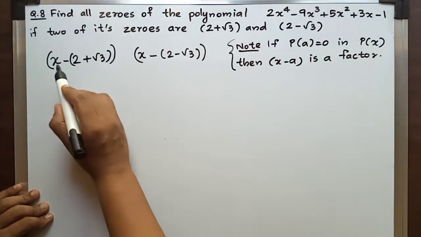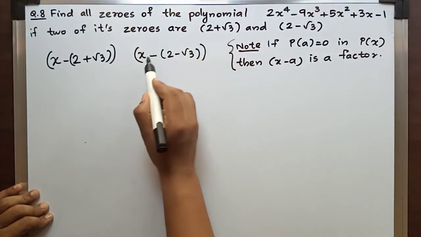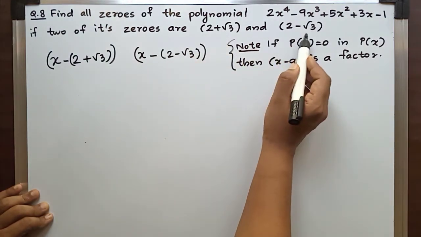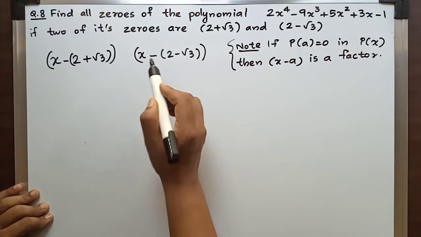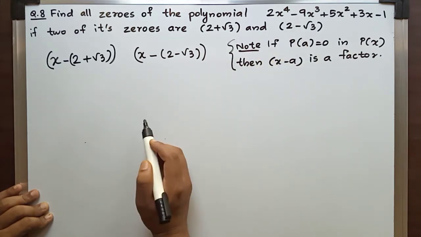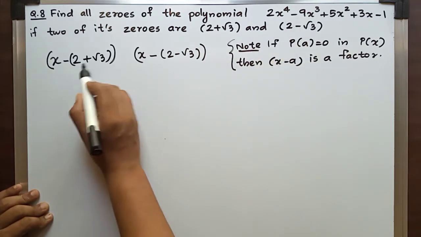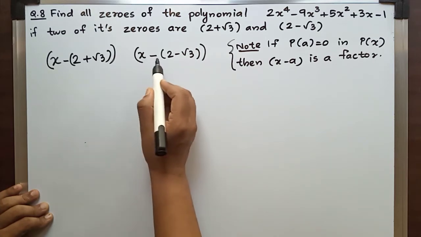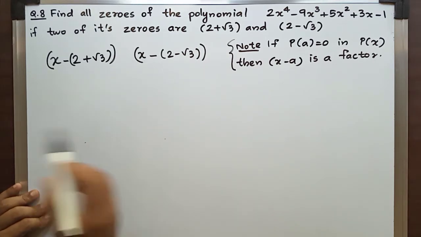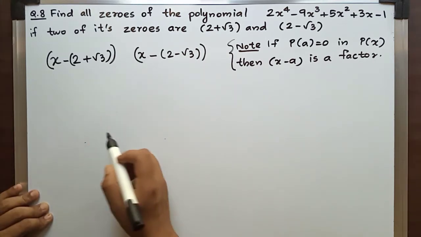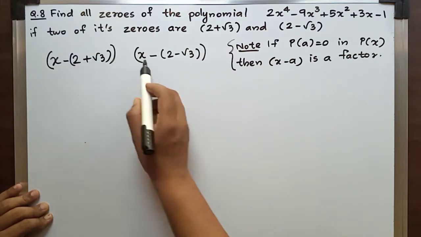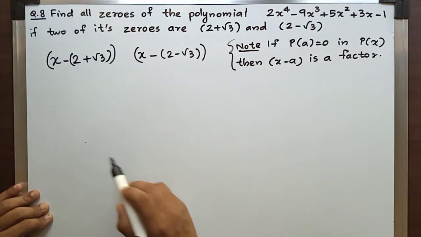Then let us multiply these two. Why do I do this? In the previous question also we did the same step, multiplying two factors.